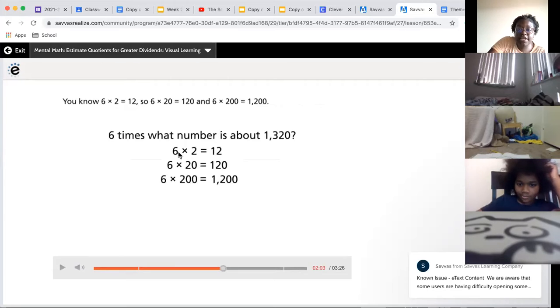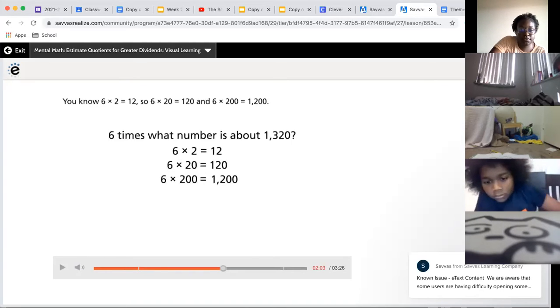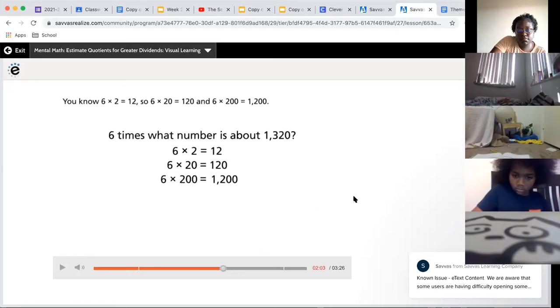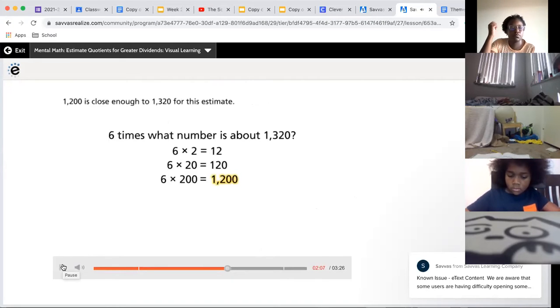They use what they know about 6 times 2 to get to 6 times 200. 1,200 is close enough to 1,320 for this estimate.